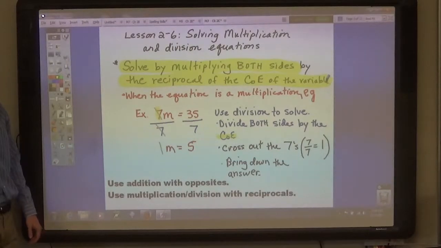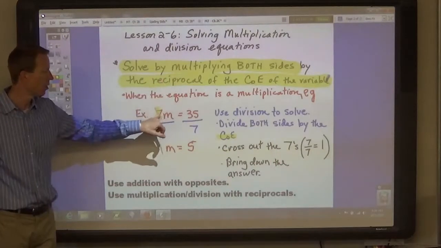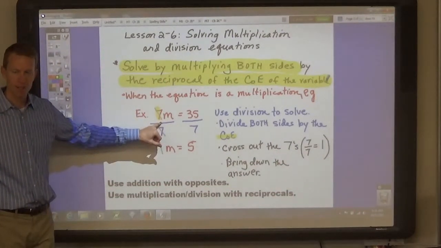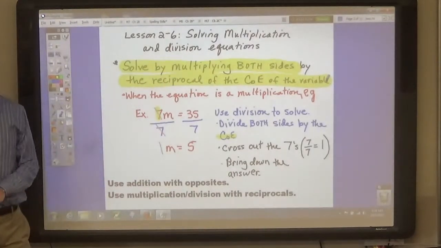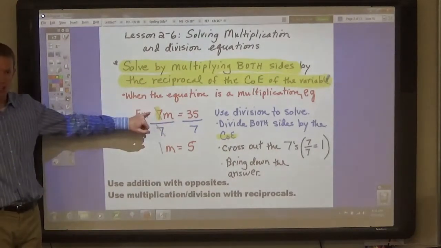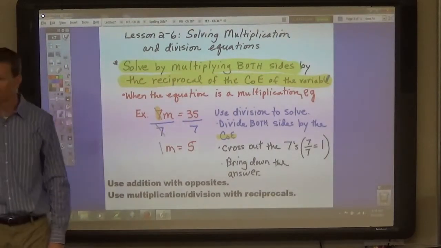So we're going to multiply both sides by the reciprocal of the coefficient of the variable. That's what that means. It just sounds complicated. It's actually really simple. You find the coefficient and you divide both sides by that number.